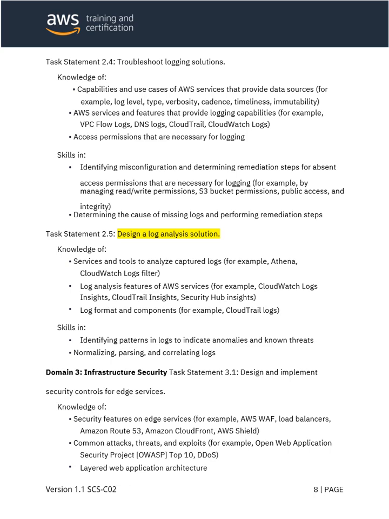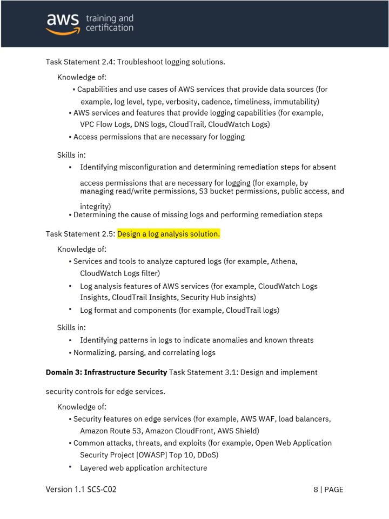The third domain is infrastructure security. 20% weightage is allotted to infrastructure security. It says design and implement security controls for AWS services.